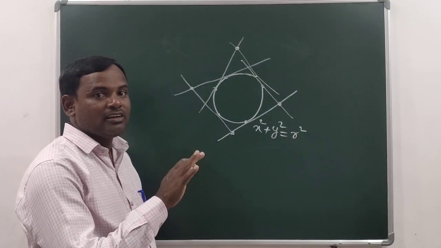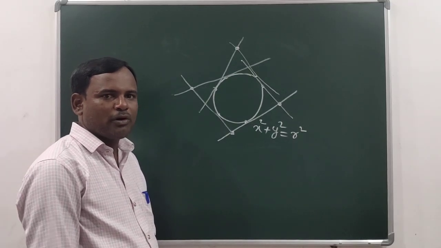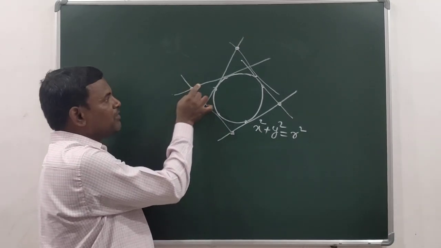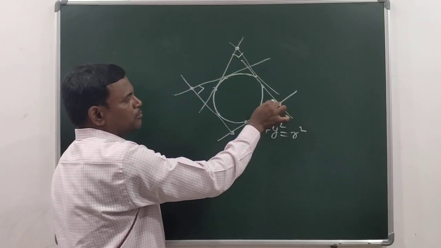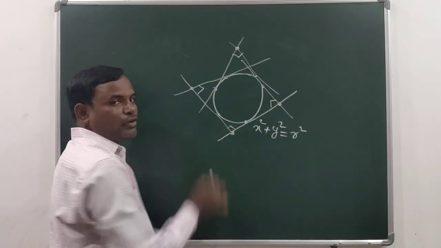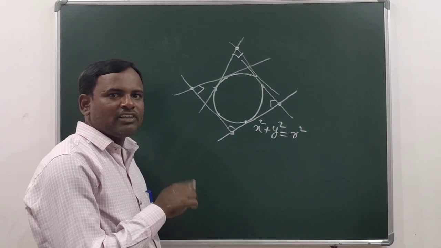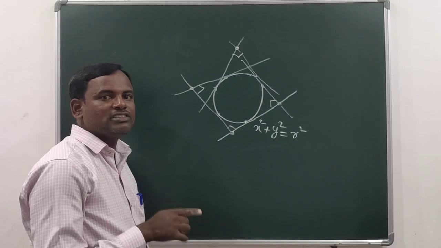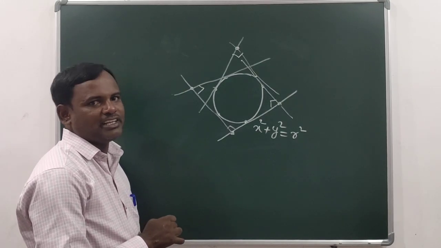But here we require to find locus of a point where the angle between the tangents is 90 degrees. Observe carefully. What we have to find in this problem? We have to find the equation of locus of a point where the angle between the tangents is 90 degrees.